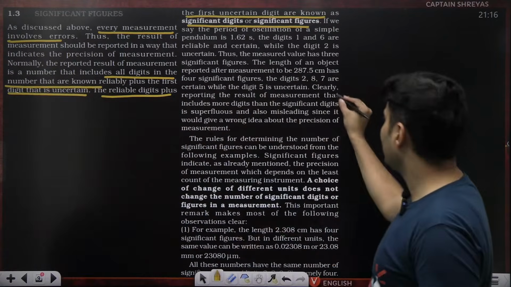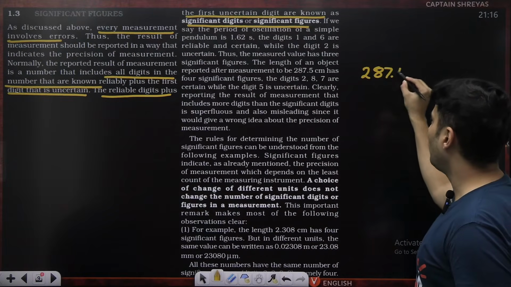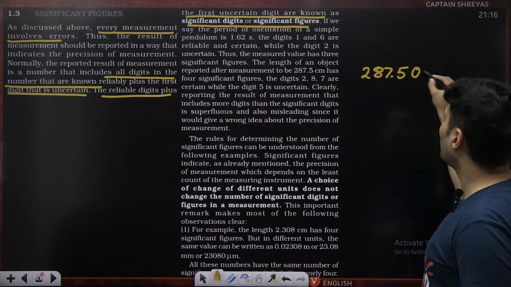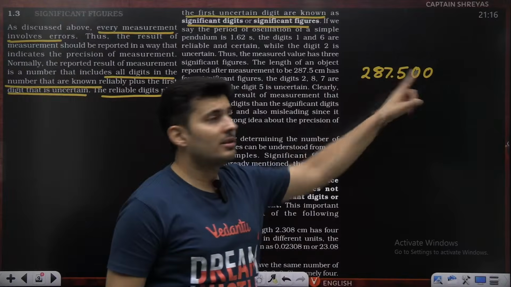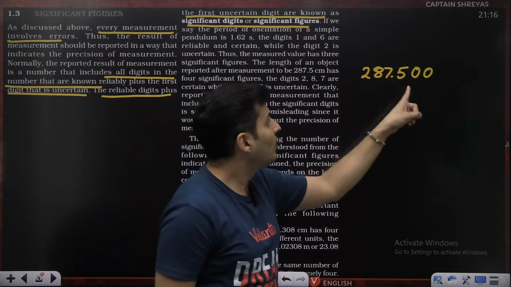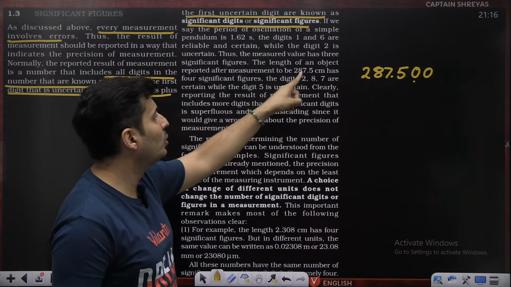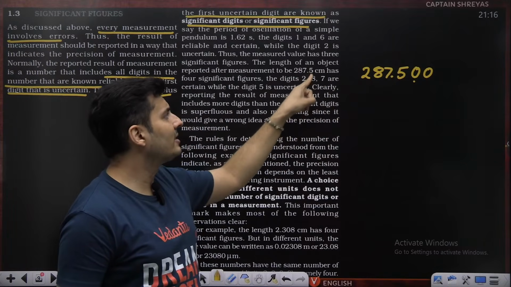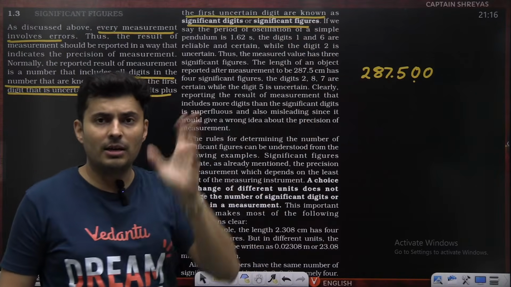See, what they are saying is, if somebody writes 287.5, let's say 00, okay? Now, if you write those extra zeros, it means you are certain till this point, versus over here, 287.5, you are only certain till that fifth digit, or digit number 5.